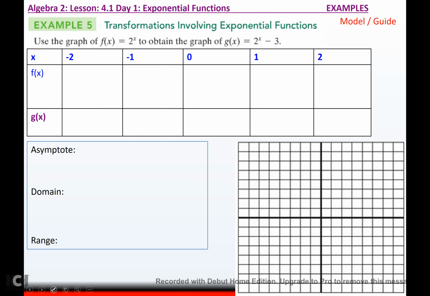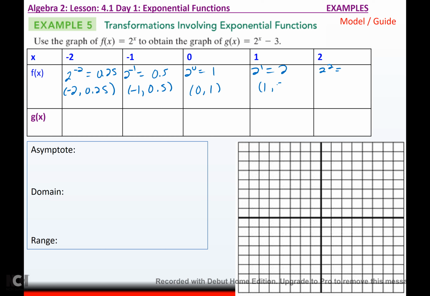So if we do mother first, I would have 2 to the negative second, 2 to the negative first, 2 to the 0, 2 to the first, 2 squared. 2 caret negative 2 is 0.25, so negative 2, 0.25. 2 caret negative 1 would be 0.5, so this would be negative 1, 0.5. 2 to the 0 is 1. 2 to the first is 2. 2 to the second is 4.